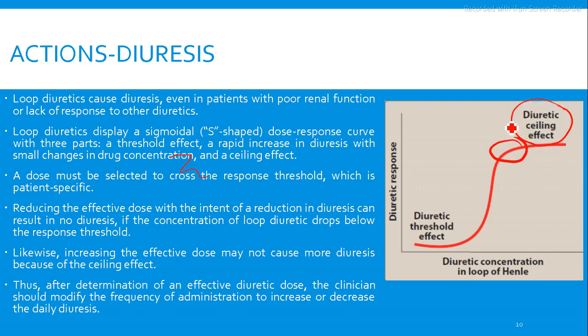That means if you increase the diuretic concentration in the loop of Henle beyond this level, there won't be any increase in the diuretic response. So that means we have a ceiling effect over here.